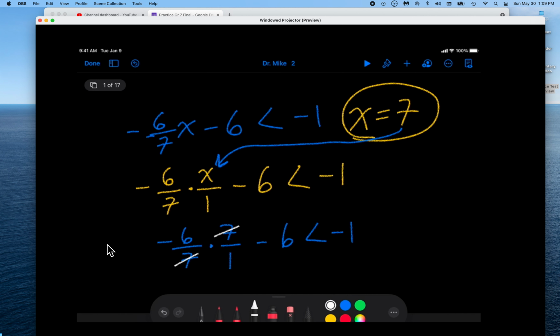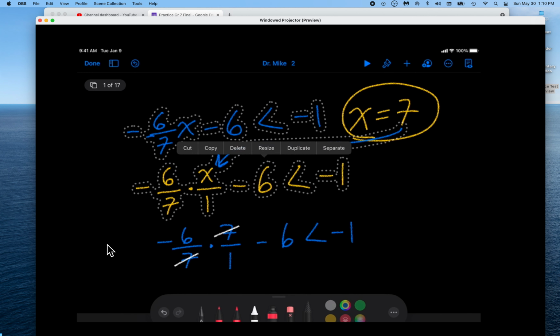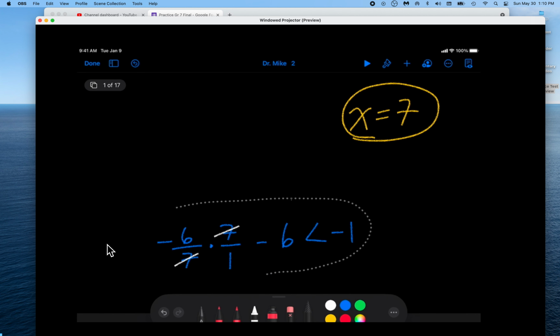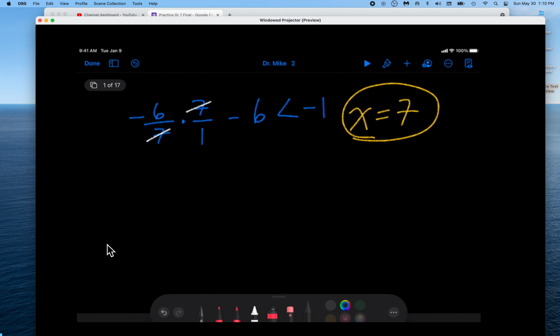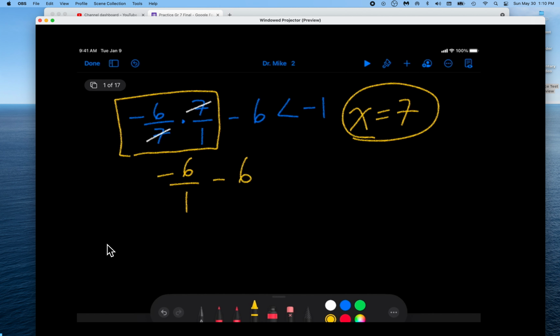So now this is going to get rewritten as -6 over 1, right? These are the two integers that survive that simplification process. Minus 6 is less than -1.